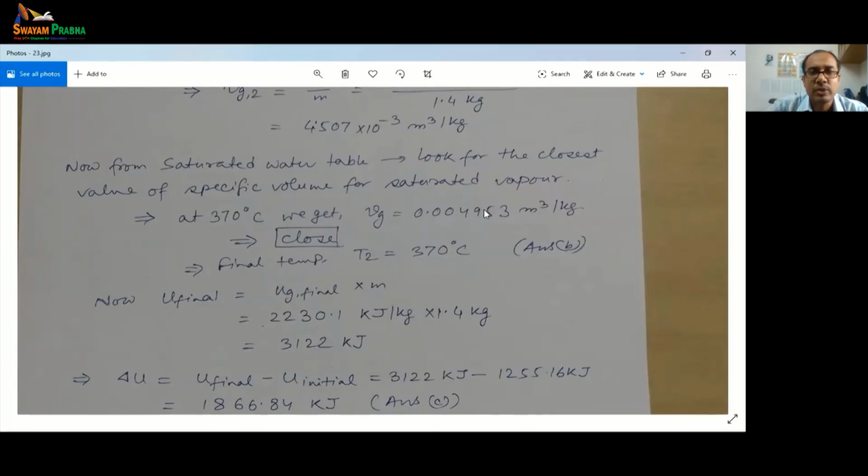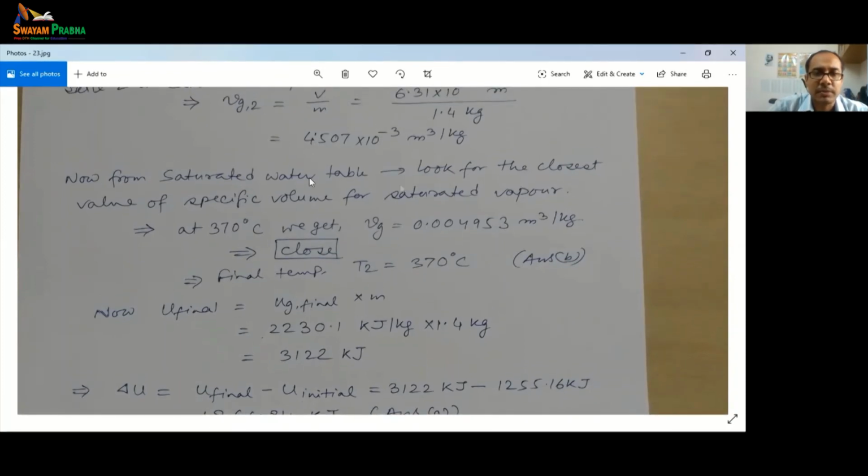But now we are given the specific volume, and we have to somehow find the temperature or pressure for that state. This is a little bit complicated compared to the other cases we have looked at. But now let's look at how we can find this 4.5 into 10 to the minus 3 meter cube per kg in the saturated vapor table.